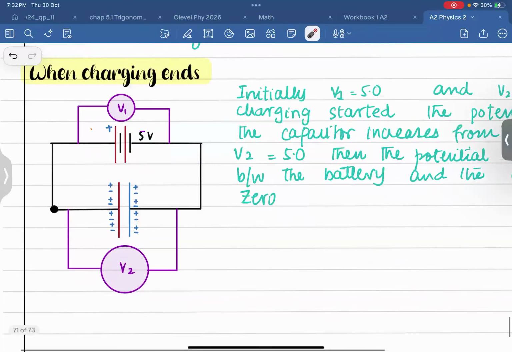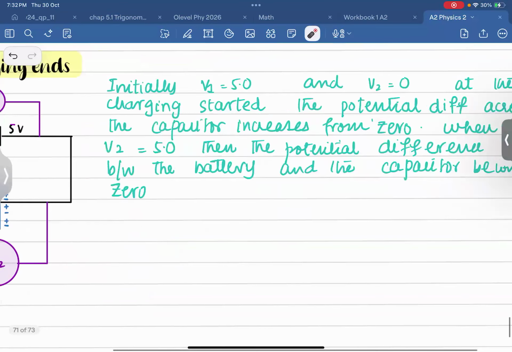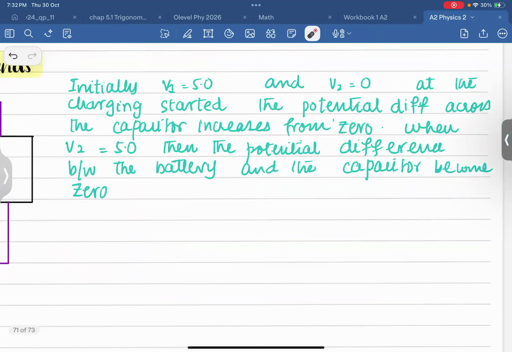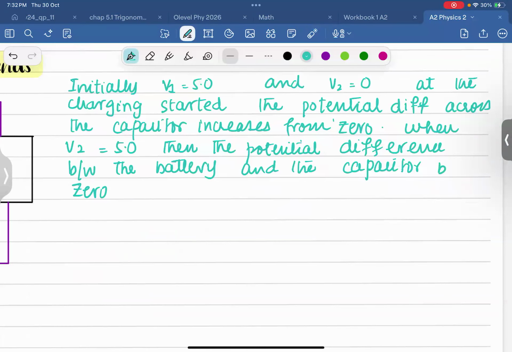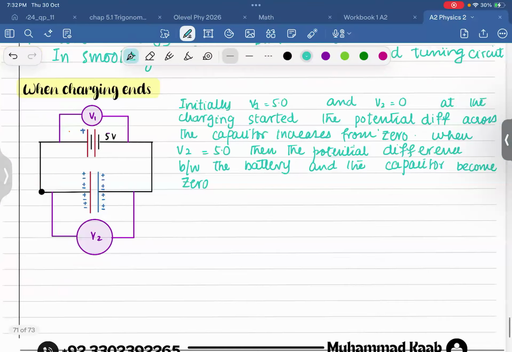Now, when the potential difference across the capacitor becomes zero, the flow of charges gets stopped.